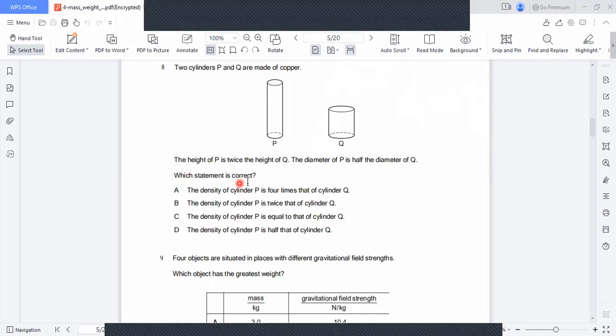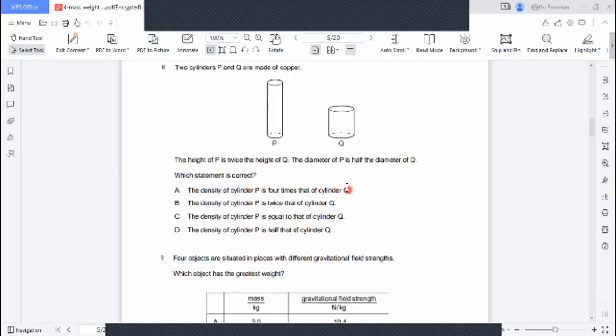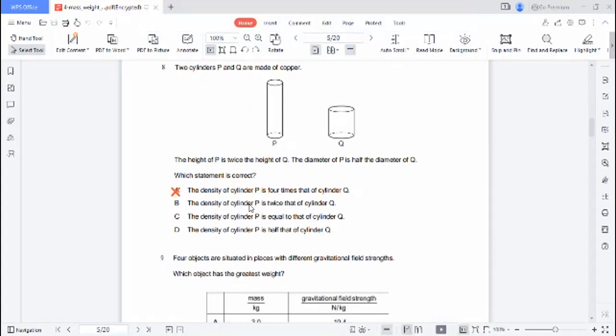It states which statement is correct: the density of cylinder P is 4 times that of cylinder Q. No, both cylinders P and Q are made up of copper. Their material is same. So when material is same, the density would automatically remain same. So this option is incorrect. The density of cylinder P is twice, incorrect.